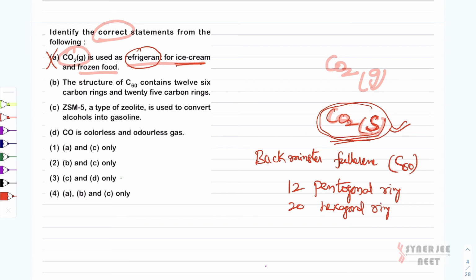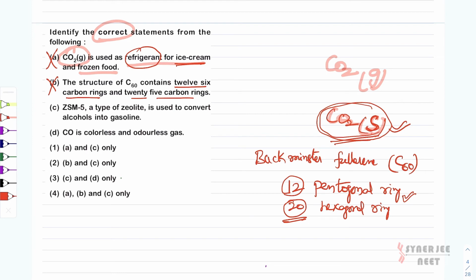Just like that, C60 also exists. In a football, if you count pentagons, there are 12, and in Buckminster fullerene also 12 exist. And 6-membered rings, hexagons, there are 20 in a football. In the same manner, surprisingly, Buckminster fullerene also has similar. So here they have given that C60 contains 12 6-membered rings and 20 5-membered rings. They have given the opposite. That's why this is also wrong.